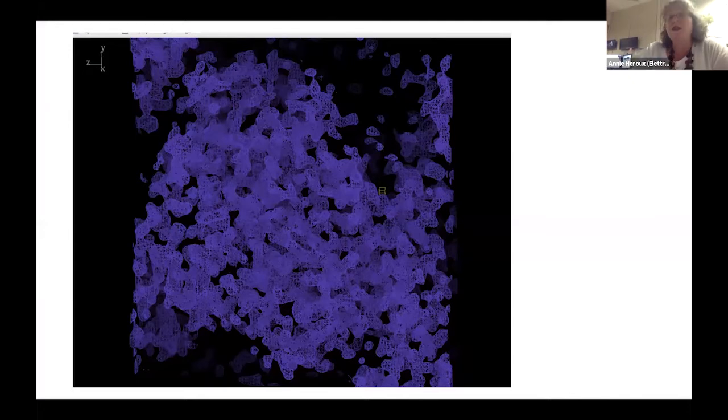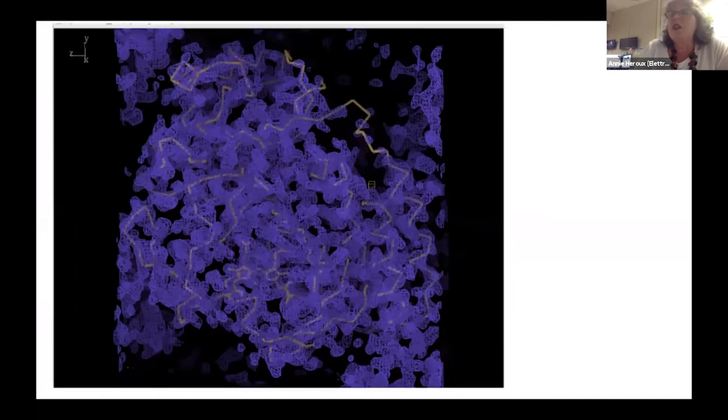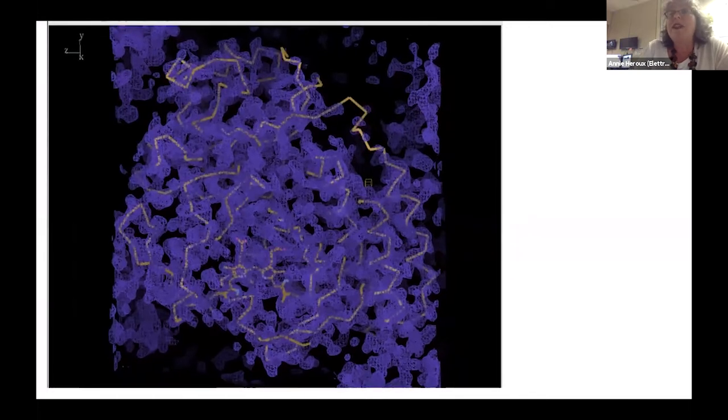So this is an electron density map. And basically what we are going to do to get this ribbon diagram of the protein is build our model inside this electron density. And depending on the quality of this map, we can build more accurately or more completely. So we will come back to the map a little bit later.